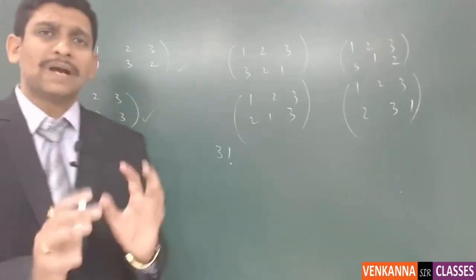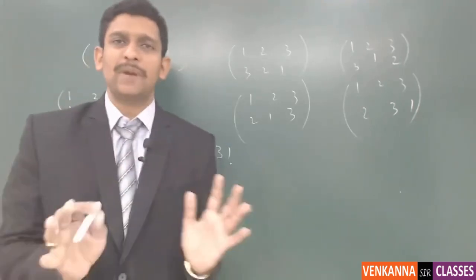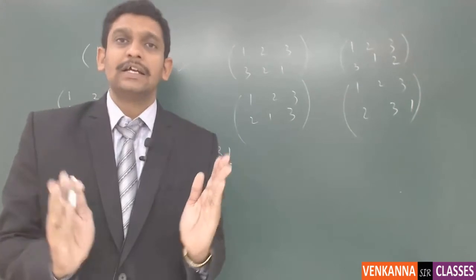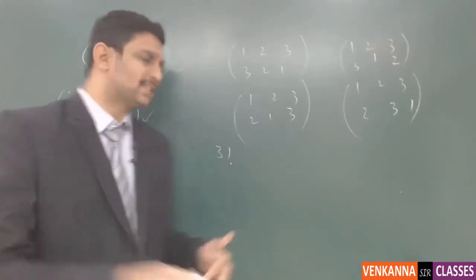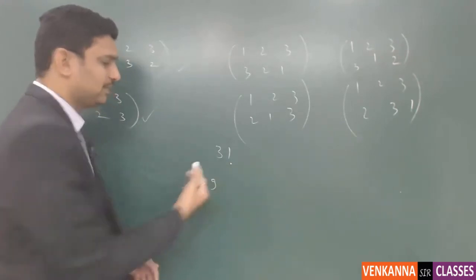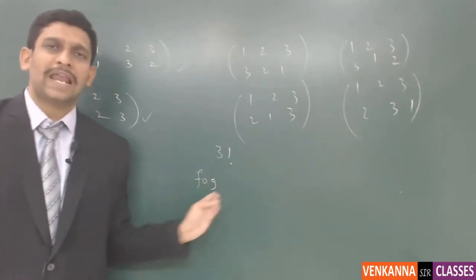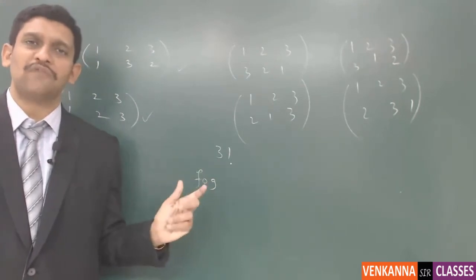So if you collect all these permutations as a set, it will become a group with respect to the composition of mappings. They say F circle G. You know how to calculate F circle G, the composition of functions.